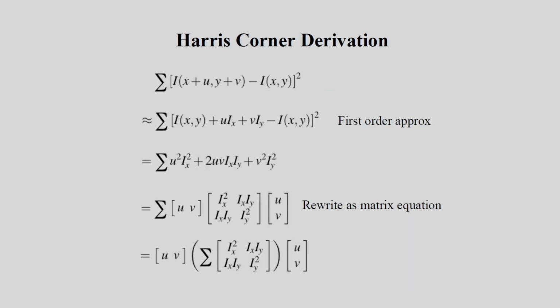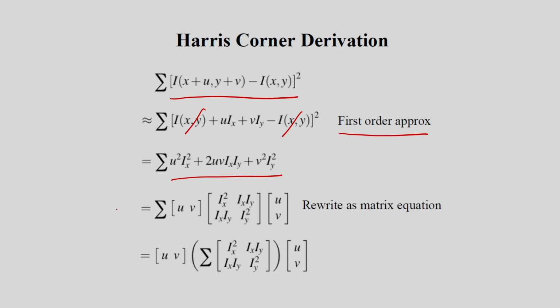Based on this approximation, you can see the change in intensity between two patches, and I am considering the first order approximation. It is [I(x,y) + u I_x + v I_y - I(x,y)] whole squared. After this, I can cancel the I(x,y) terms, and finally I will get u squared I_x squared plus twice u v I_x I_y plus v squared I_y squared.